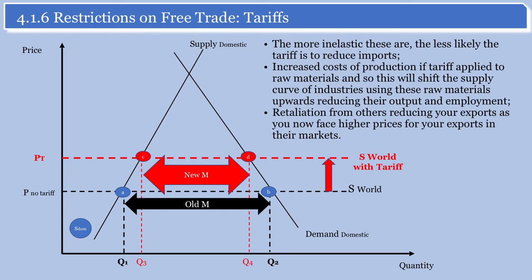In addition to that, you need to say, well, even if the imports have gone down, okay, may not have gone down a lot, but they have gone down. If there's retaliation, then exports will also go down. And so really, is there going to be a reduction in the trade deficit that America had with China?